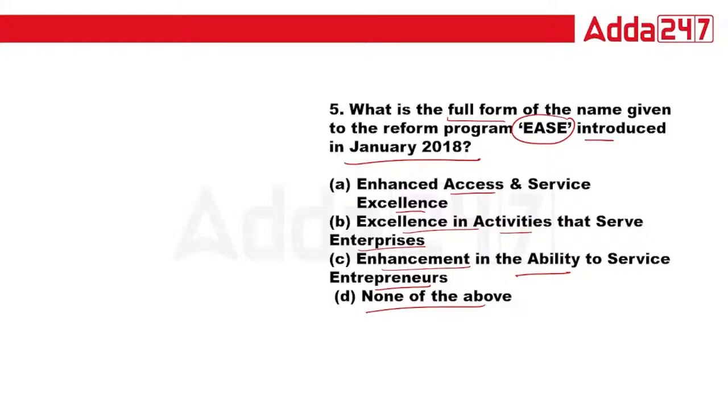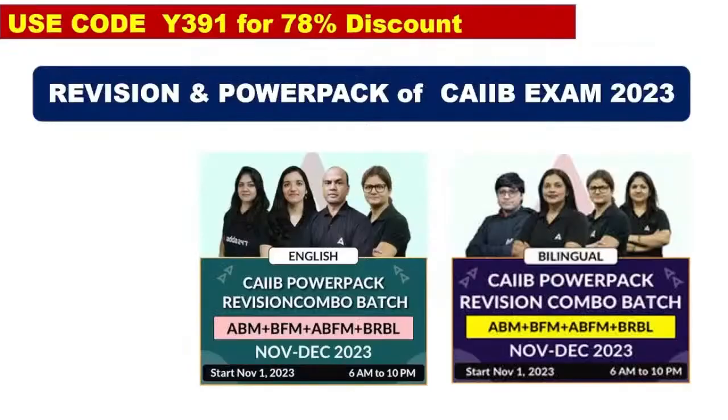Full form of EASE, class. Tell me the right answer. The full form of EASE is basically Enhanced Access and Service Excellence. So A is the right answer here. Is that okay? So class, this is all for today's class.